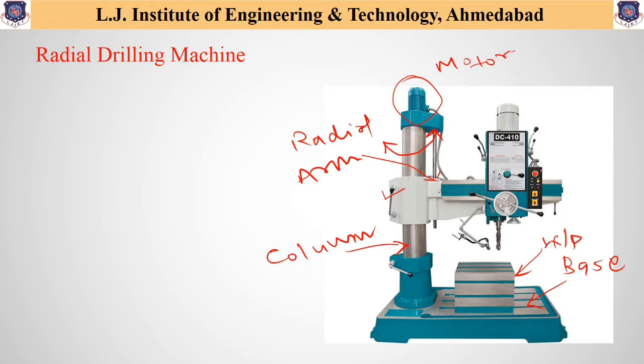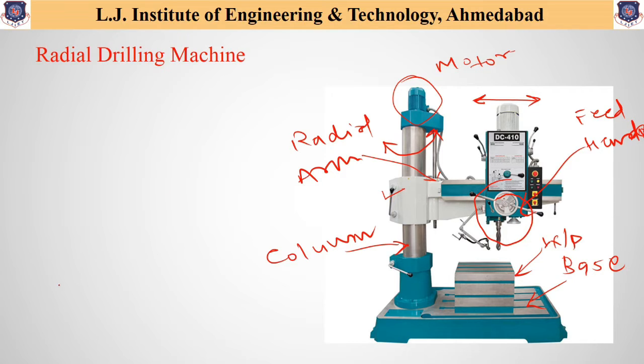And this radial arm consists of the feed handle and also it has the ways provided on this radial arm for movement in the horizontal direction. So these are the basic parts available on the radial drilling machine. Similarly, on this head section, the different parts also available such as spindle, chuck and drill.